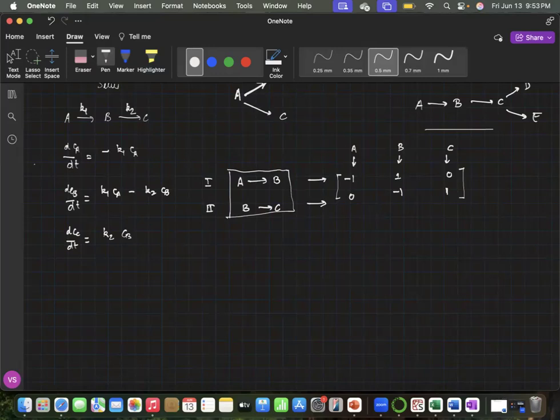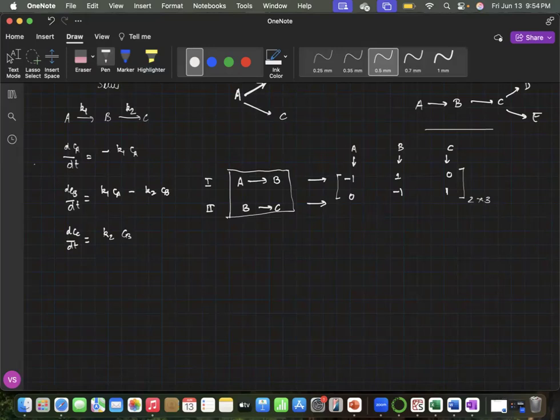So this is a 2 cross 3 matrix, right? If we multiply this by, let's say, a 1 cross 2 matrix from the left hand side, we would get a 1 cross 3 matrix.